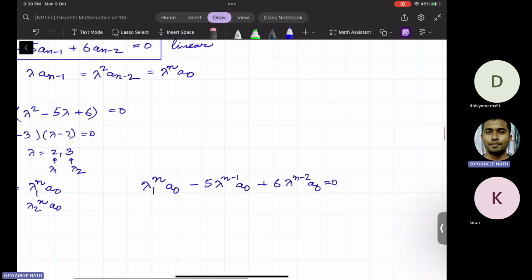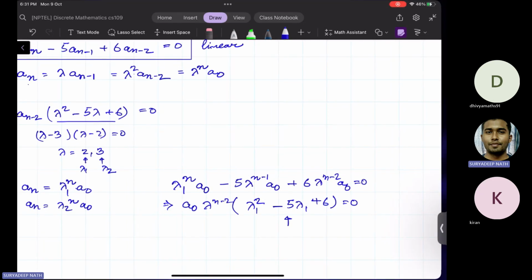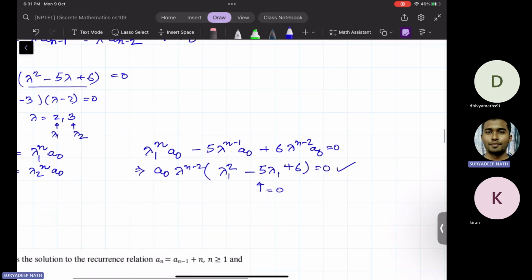Why does this equation hold? Because I can pull out a0 and lambda 1 to the power n minus 2. We get lambda 1 squared minus 5 lambda 1 plus 6 equal to 0. Since lambda 1 is the root of this equation over here, this is also equal to 0, and therefore this equation holds true, and the same goes for lambda 2 as well.